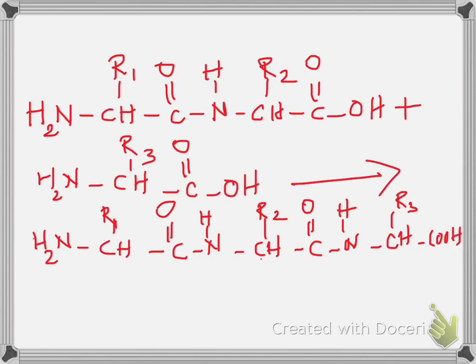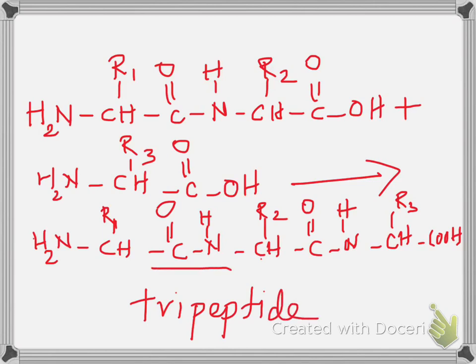So this is the structure of the tripeptide. Here you can see two CONH bonds. So three amino acid units are linked together by two peptide bonds. So this is known as a tripeptide.